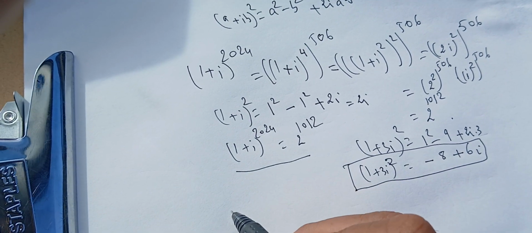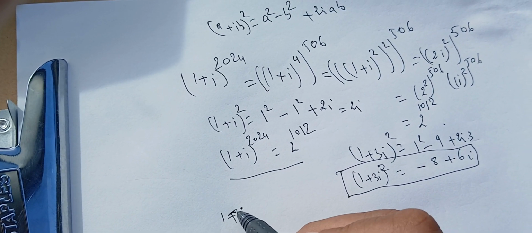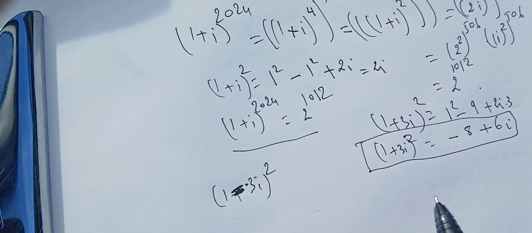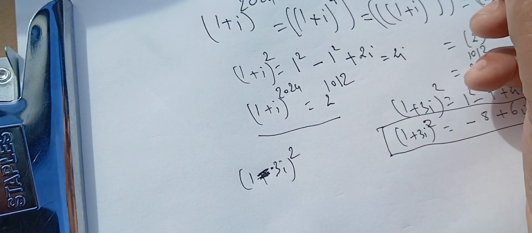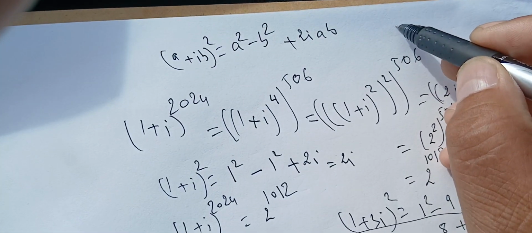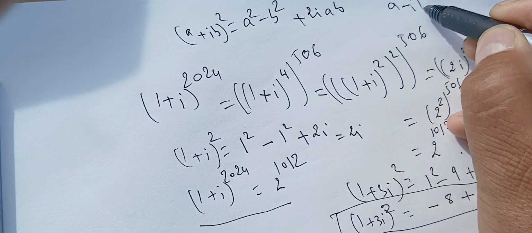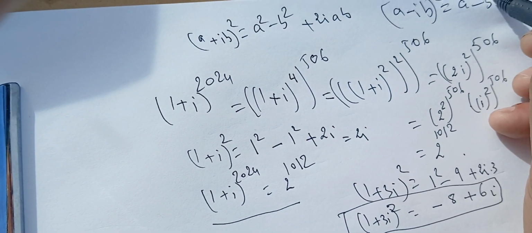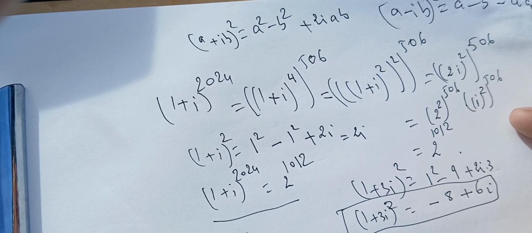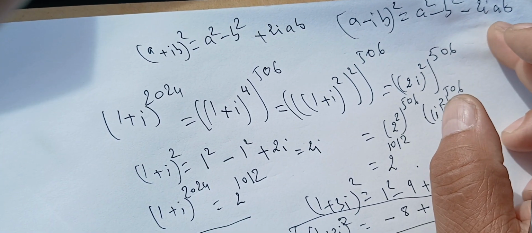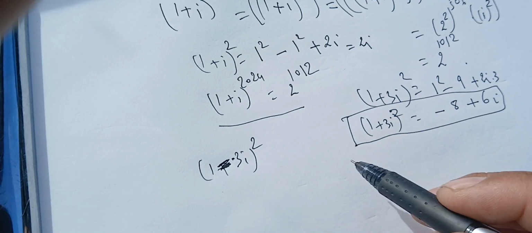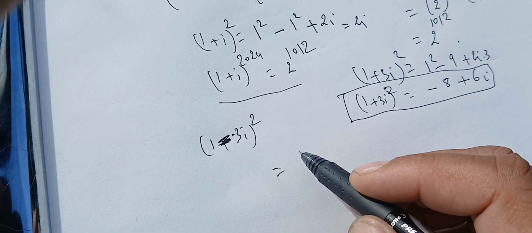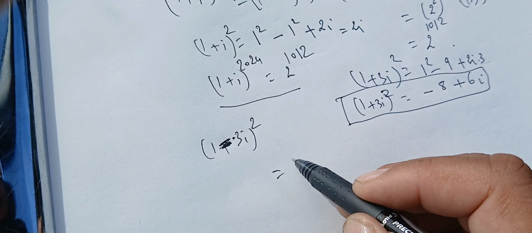Now we compute (1 - 3i) squared. We can use the similar result that we proved, which tells the fact that (a - ib) squared is a squared minus b squared minus 2iab. Okay, so we proved it in one of the videos. Check it. So here we're going to use that. Here a is 1, b is minus 3, squared, which is 9.